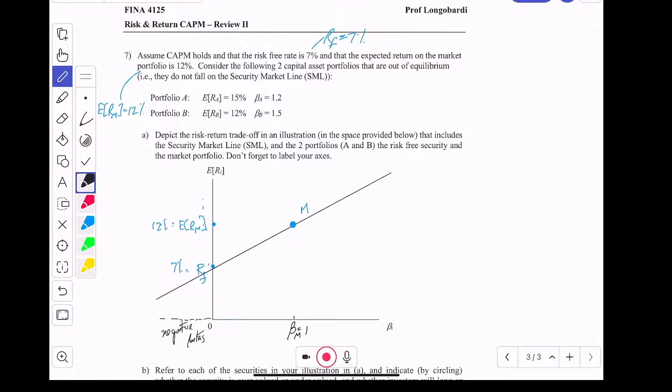And for 1.2, let's say this is 1.2 here. Assets should have this level of risk.